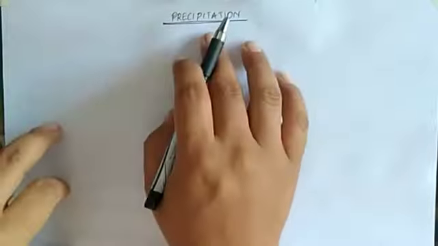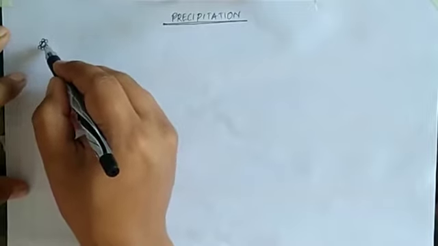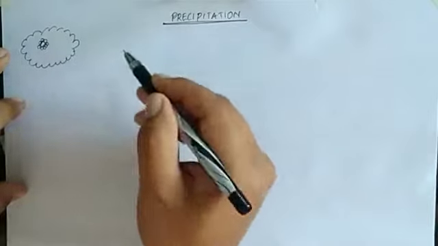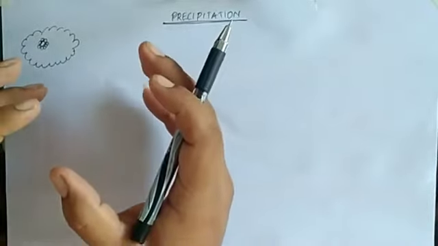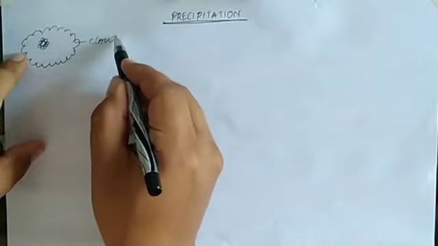Okay, now precipitation means the condensed water vapor, as I said, the water droplets which condensed around the dust particles, and due to the agglomeration or combination of millions of other dust particles and water droplets, they led to the formation of clouds, isn't it?